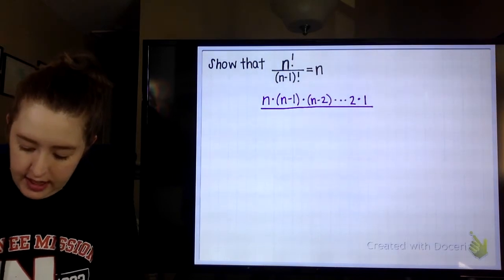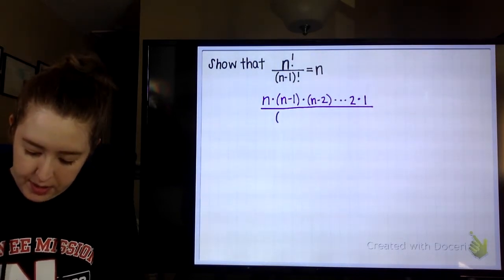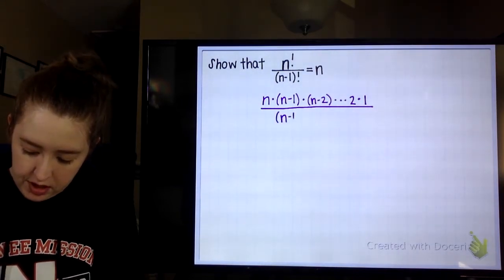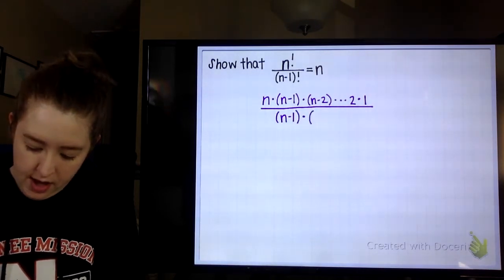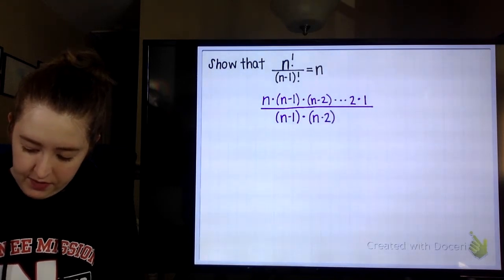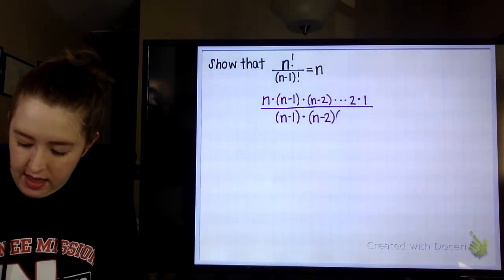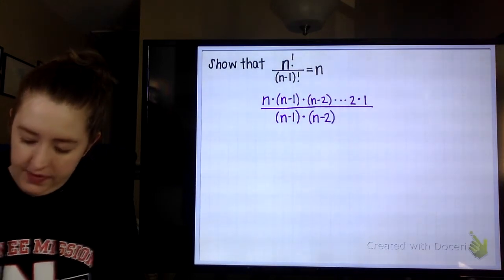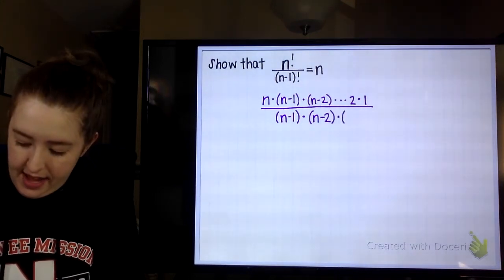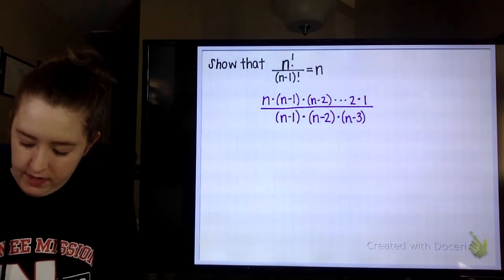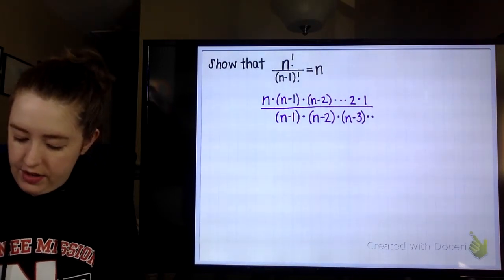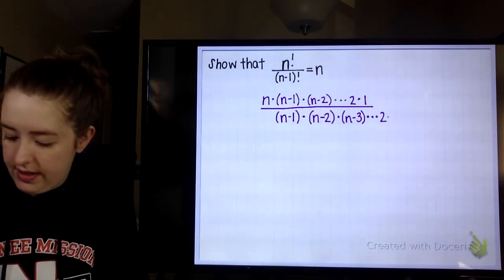Well, to get each next term, we take that first term and multiply it by that term minus 1. And then we multiply that by that next term minus 1, until we get all the way down to 2 times 1.